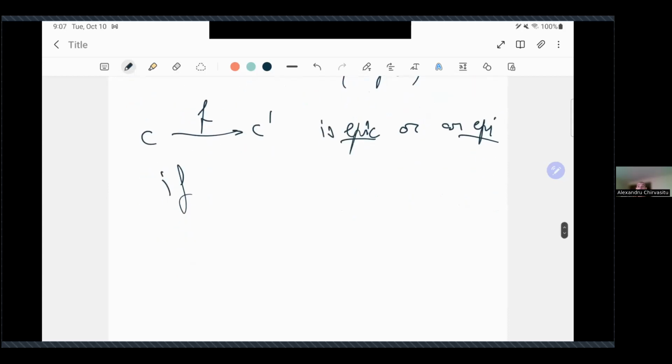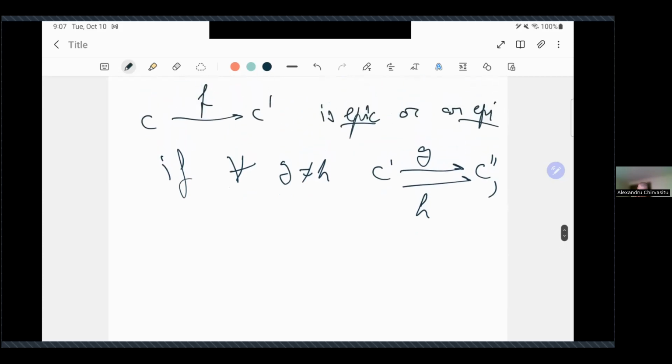And one property that characterizes surjectivity for functions between sets is the following. Whenever I give you two distinct arrows that go from C prime into C double prime, so for every G different from H that go from C prime to some C double prime, the compositions are also different. GF is different from HF.